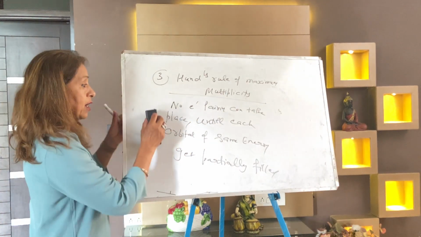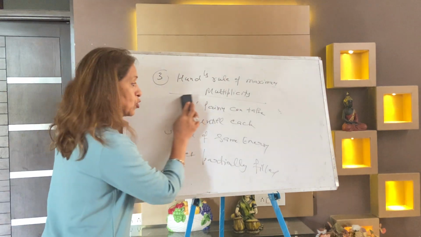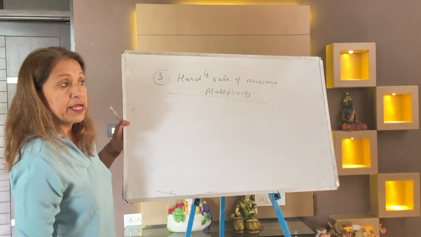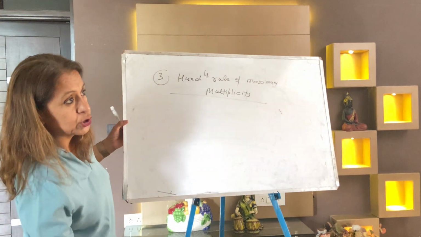So I am applying the principle now. I am taking examples based on this principle. No electron pairing can take place until each orbital of the same energy gets partially filled.